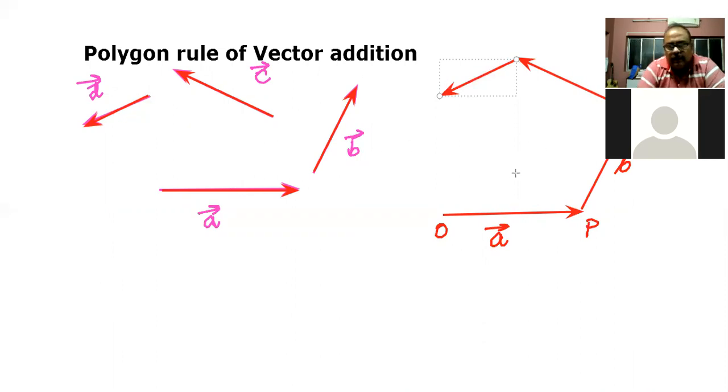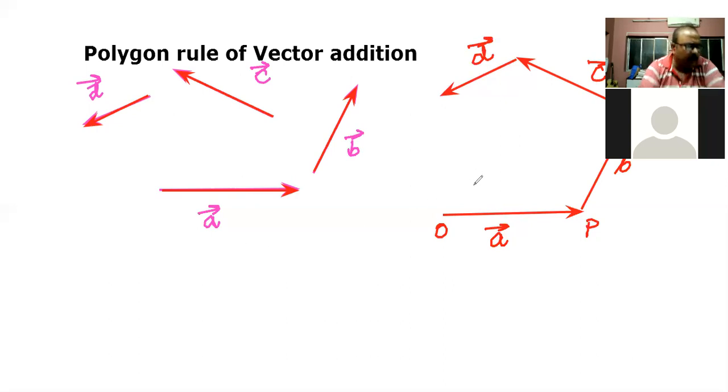So what I have done is combine these four vectors such that the tail of the succeeding is touching the head of the preceding. Am I clear? The tail of b is touching the head of a, the tail of c is touching the head of b, and similarly the last vector is the d vector.